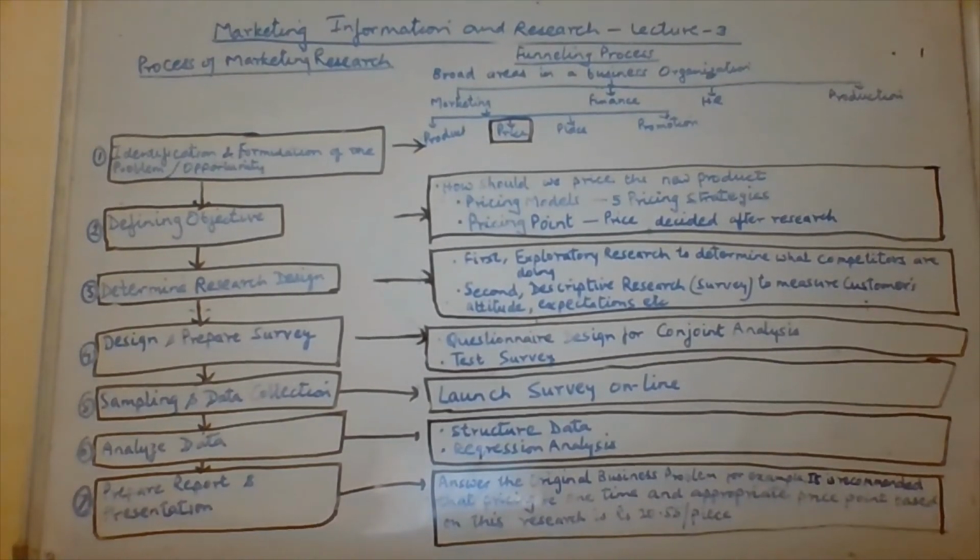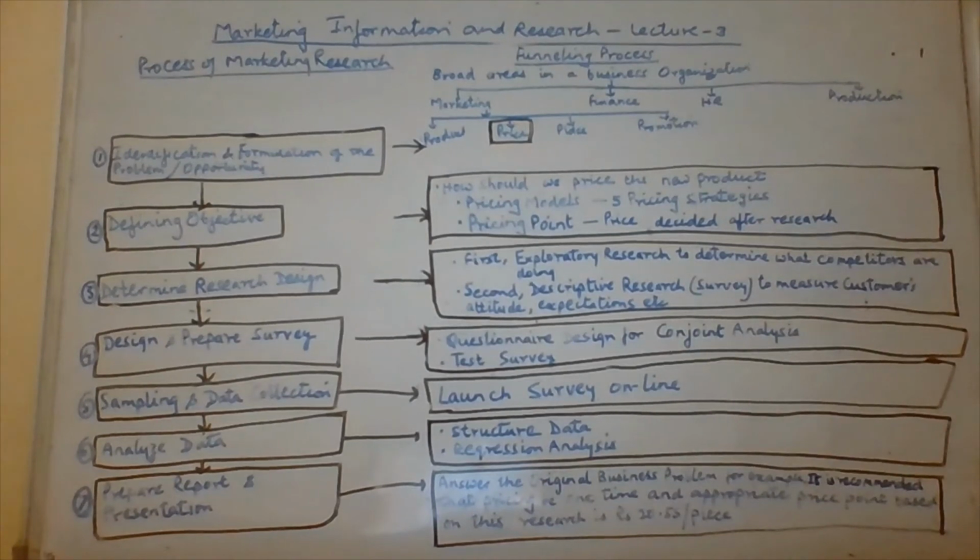Here I have given, for example, the answer to the original business problem. For example, it is recommended that an appropriate price point based on the research is, for example, rupees 20.55 per piece.